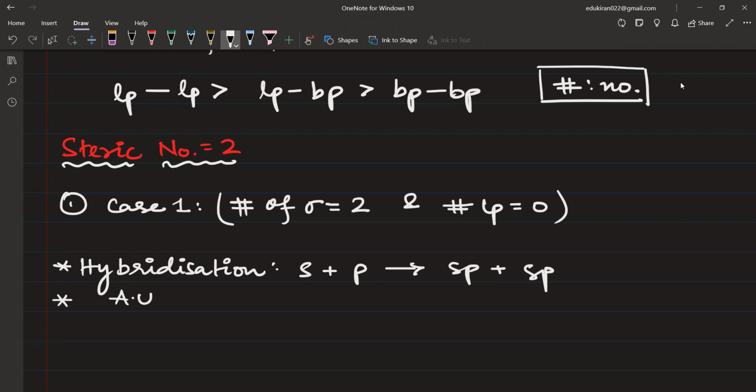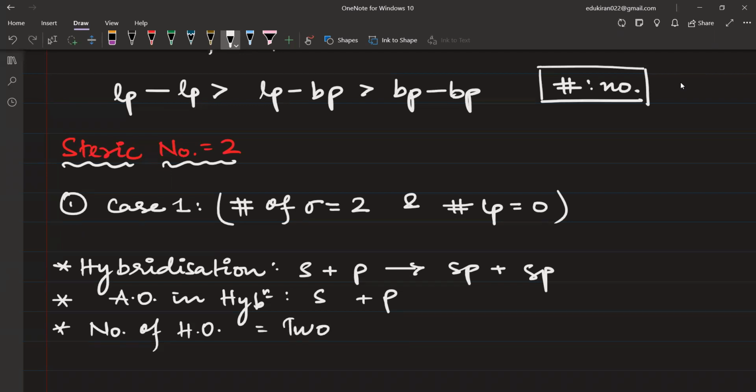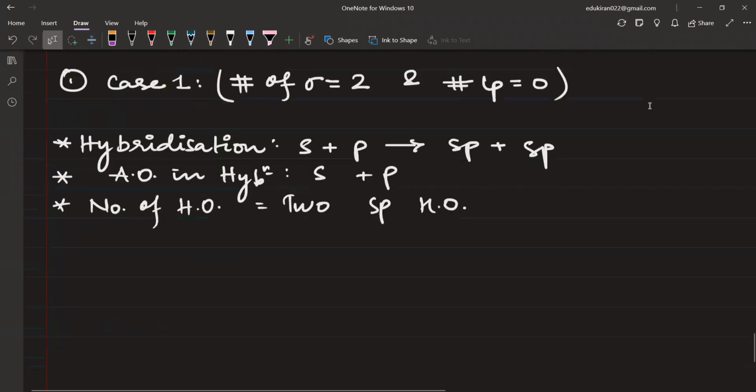Right here, atomic orbitals in hybridization is going to be s plus p. Number of hybrid orbitals is equal to 2 sp hybrid orbitals. That is also seen in this particular equation that we have written, s plus p is going to give you sp and another sp. We'll have one s orbital like this.